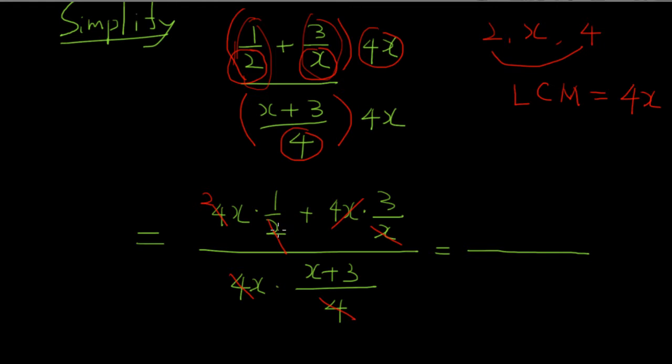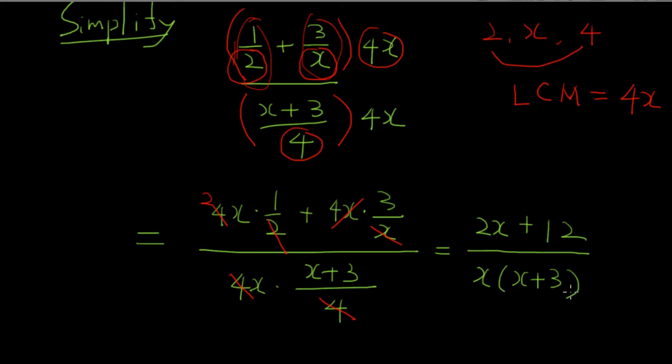So this cancels out, this becomes 1, and we have 2 times x. So this would be 2x. What about here? This x cancels out, so we have 4 times 3. So this should be just 12. What about here? This cancels out, so we have x times x plus 3.